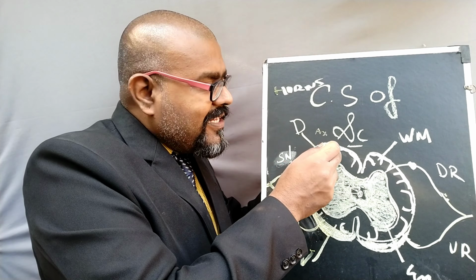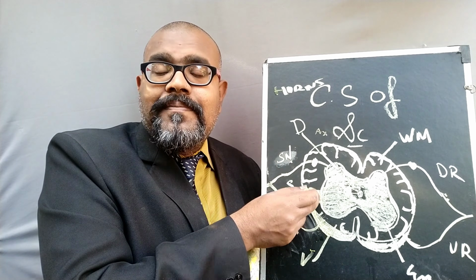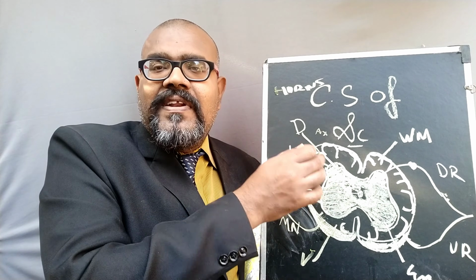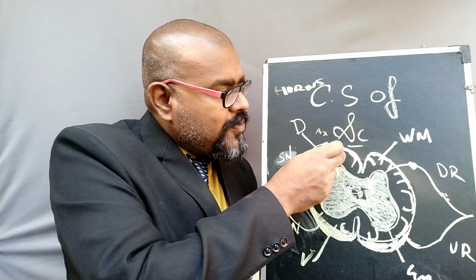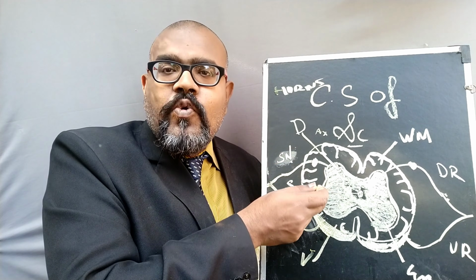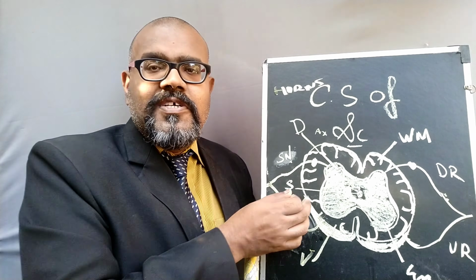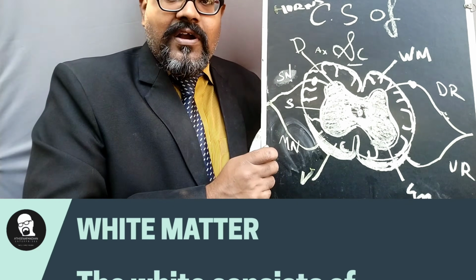This white matter also plays a vital role in supplying blood and nutrients from the blood vessels to the gray matter. Because it is present on the outer side, it supplies the nutrients to the gray matter. This is the main important job of the white matter in the cross-sectional view of the spinal cord.